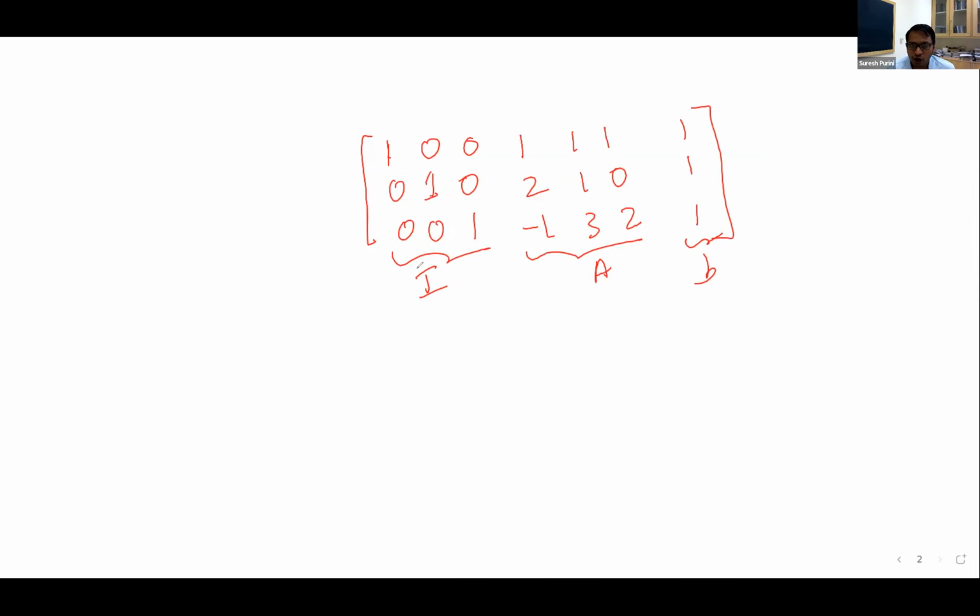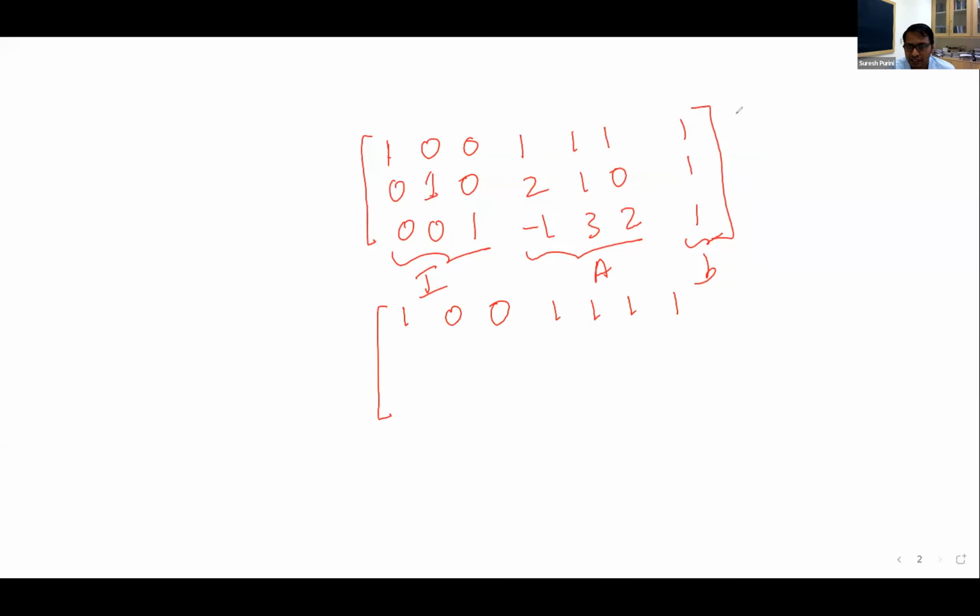So what is the first row operation that we would like to do? Minus 2 times first row and add it to the second row. Yes or no? 1 0 0. So when you do this, the first row remains the same. The last column, I'm just assuming, is the right hand side unknown.